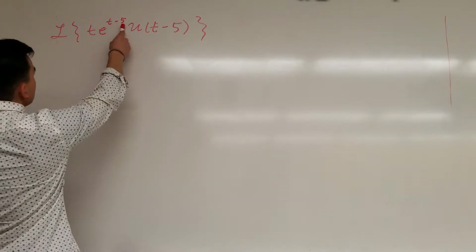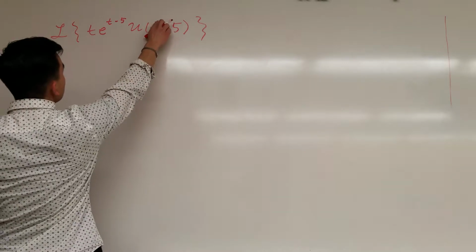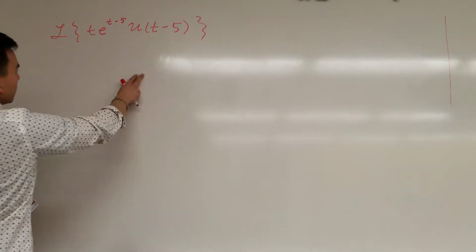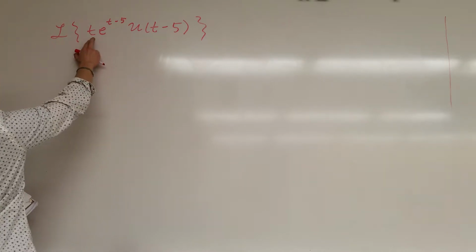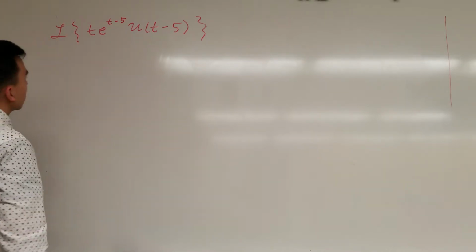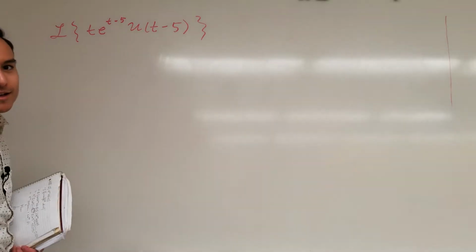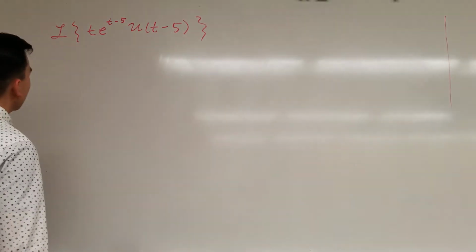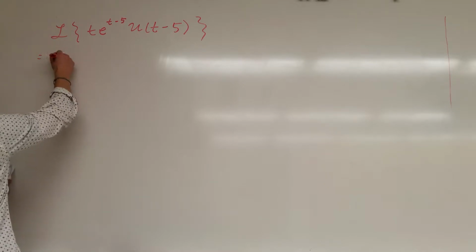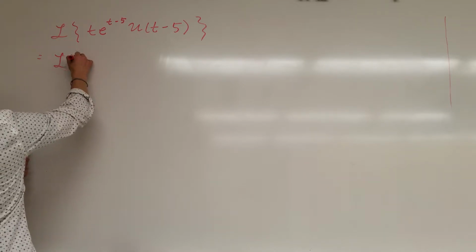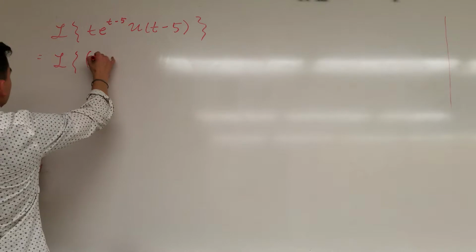All right, this t is t minus 5, this t is t minus 5, great. So let's continue. Well, we can't, because this t is not t minus 5. Great, that one t is not t minus 5. So this is what we're going to do. More manipulation. How do we manipulate that?